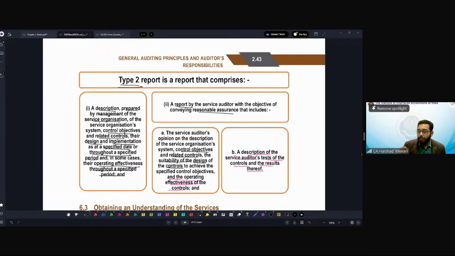In that case, you may connect this with using the work of another auditor, kind of, but not in that way. Let's say, for example, the service auditor is not a member of the institute, or this third party is not within India itself.